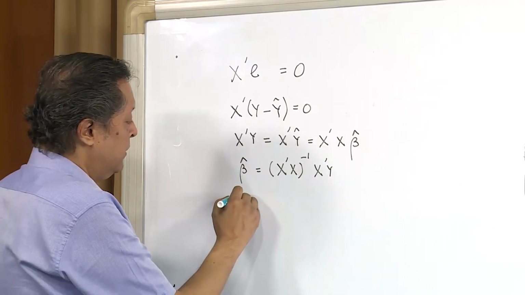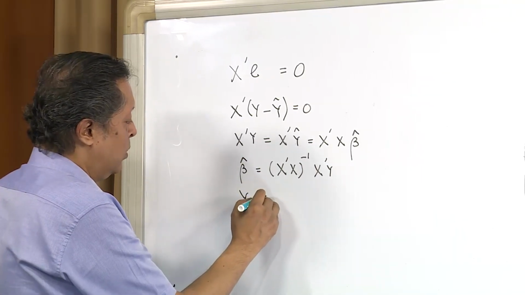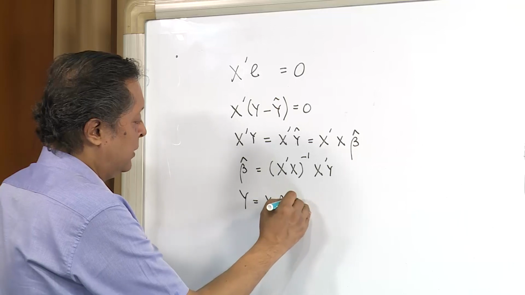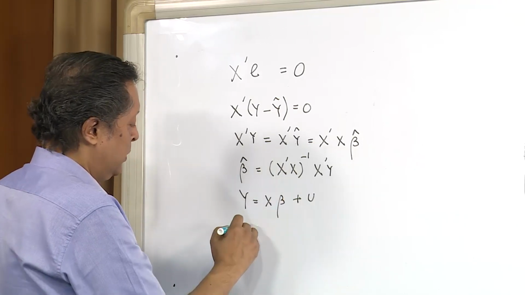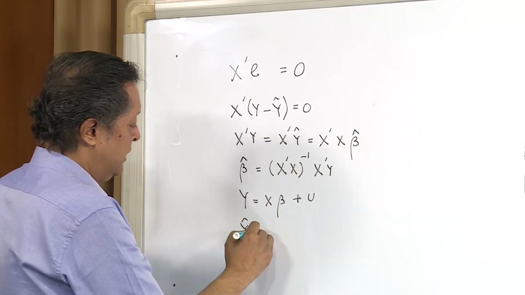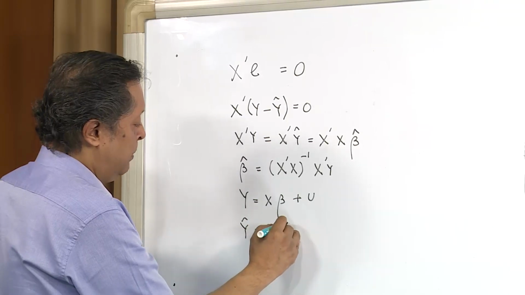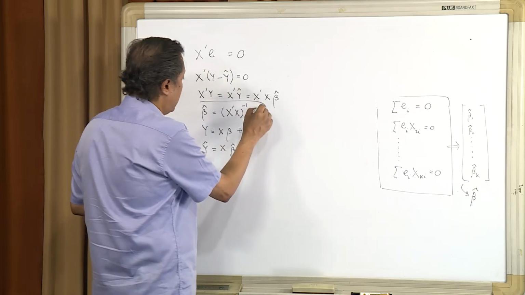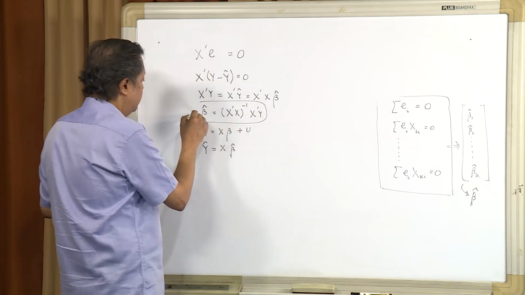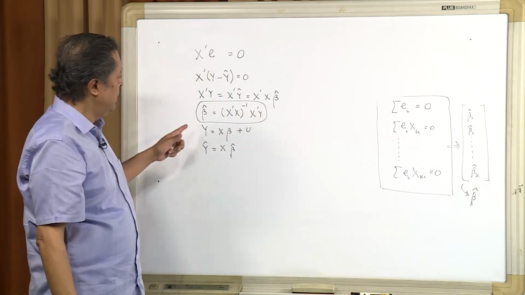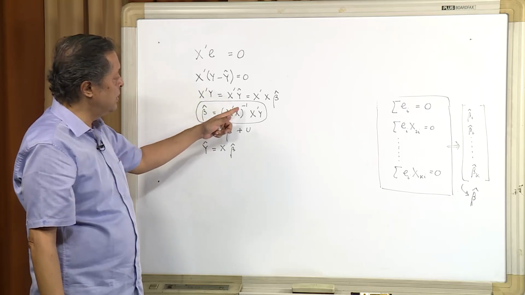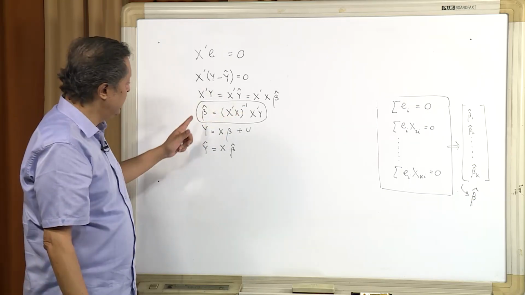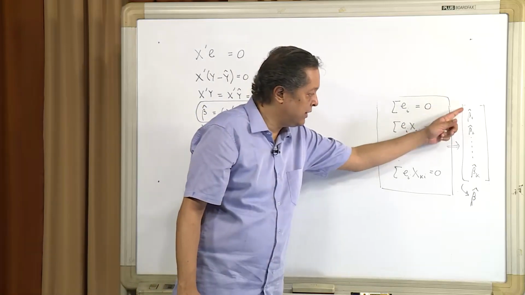The model is given as y is equal to X beta plus u, so that y hat is equal to X beta hat. So, the ordinary least squares estimates are given in matrix form as beta hat is equal to X prime X inverse X prime y, where this beta hat is exactly this vector.